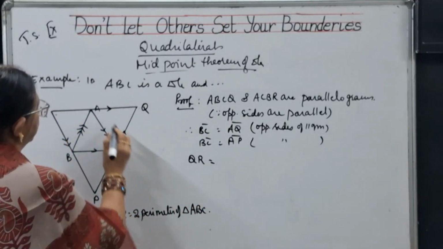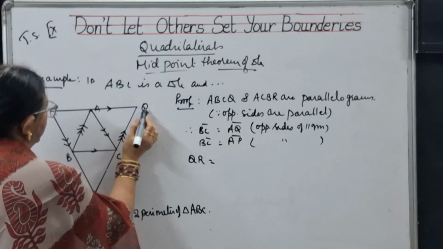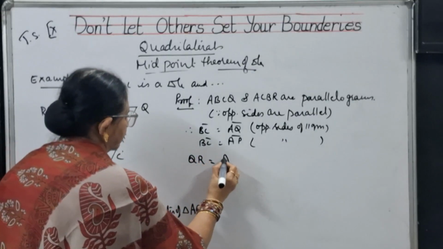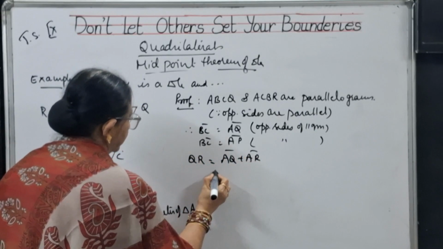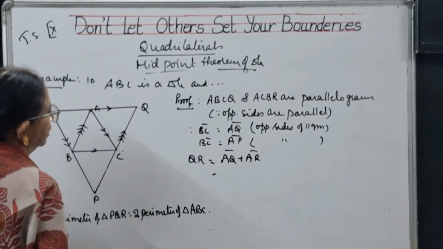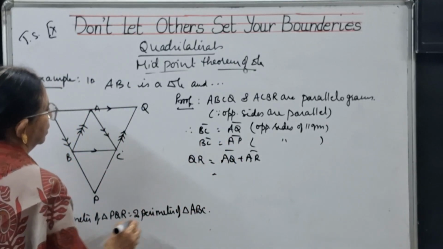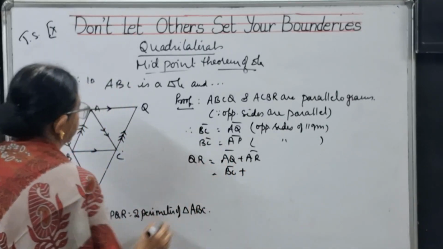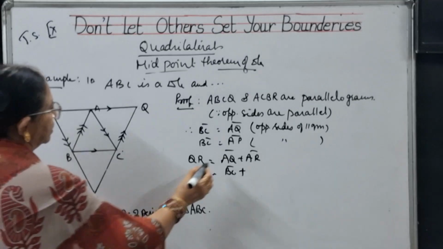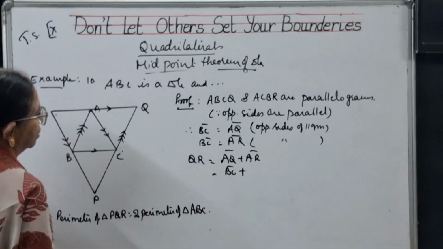So, if you talk about QR, QR is nothing but AQ plus AR. So, what is AQ, children? AQ is nothing but BC, and this is AR, sorry, BC is equal to AR.